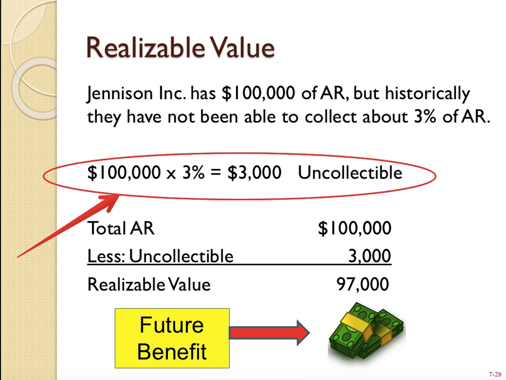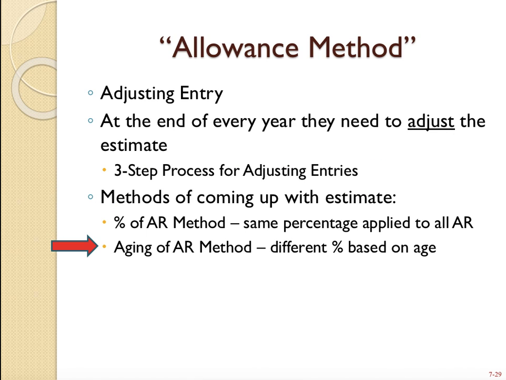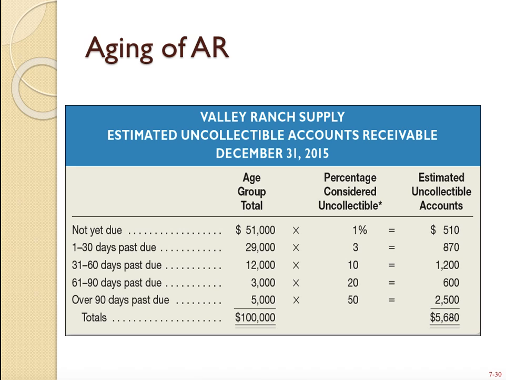That's certainly an acceptable method, but there's actually a better method, okay? A better method is called the aging of AR method, and what that does is it applies different percentages based on the age of the AR, meaning how long it is past due. So let me show you an example of that, okay?